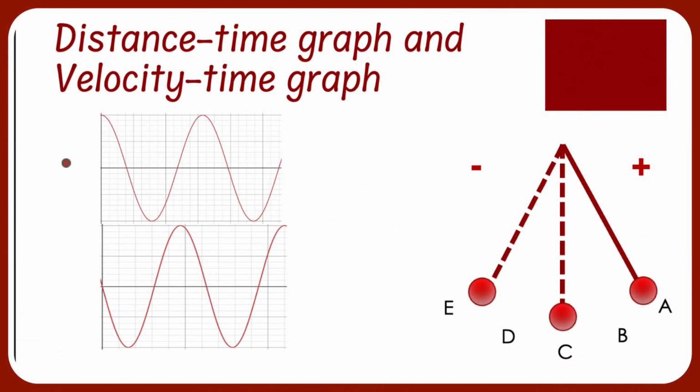So let's compare these side by side. This is my distance time graph, my velocity time graph. Notice when this one's a peak, this one is at V equals 0. When I get to the center, at equilibrium position, the magnitude of the velocity is a maximum.